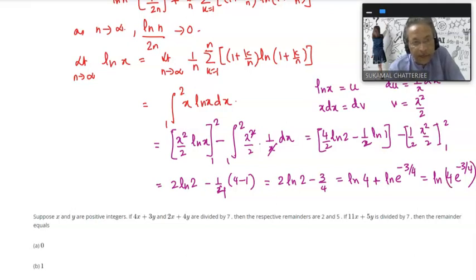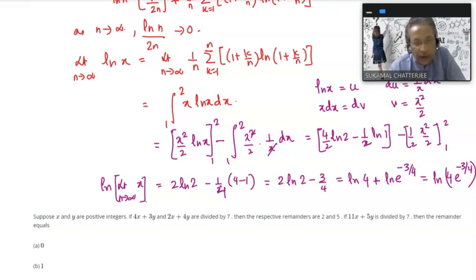So therefore the left hand side is ln of limit n tending to infinity of x is this.